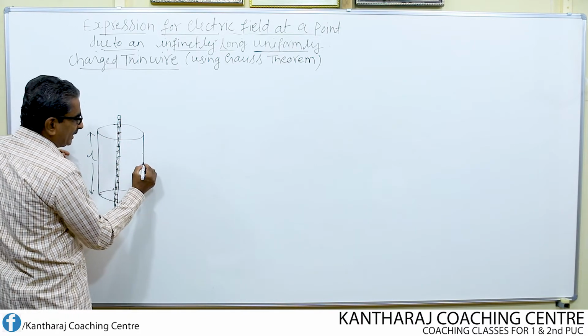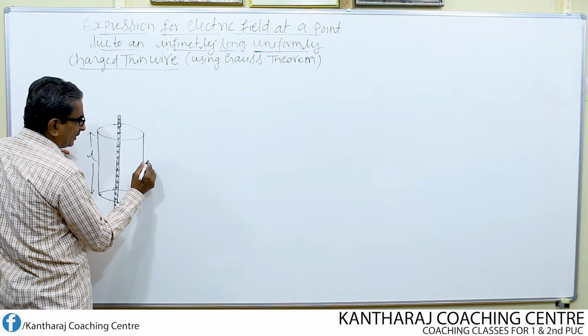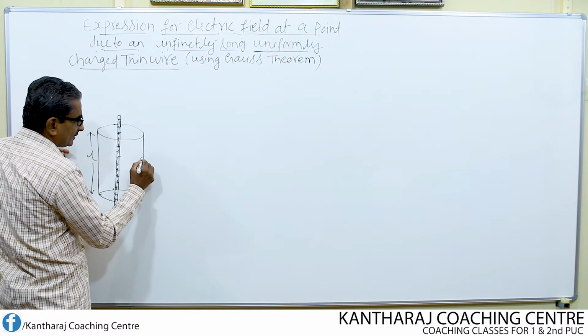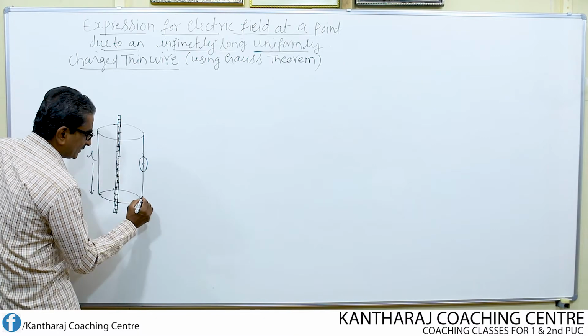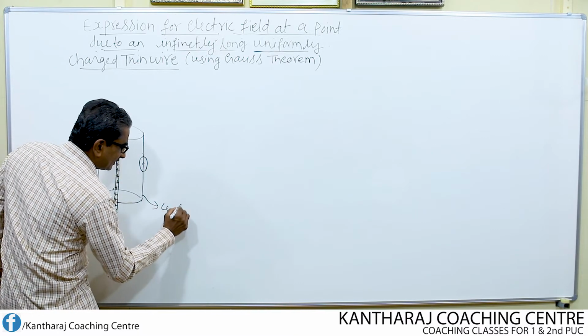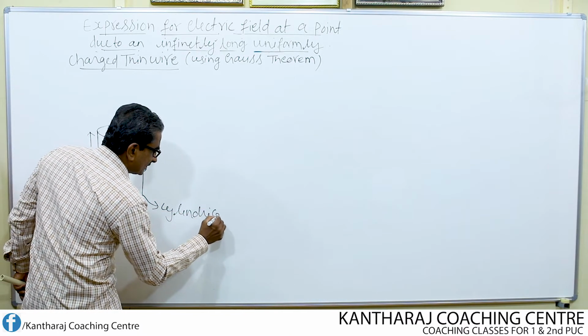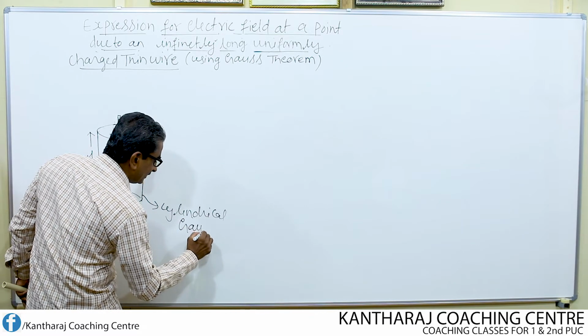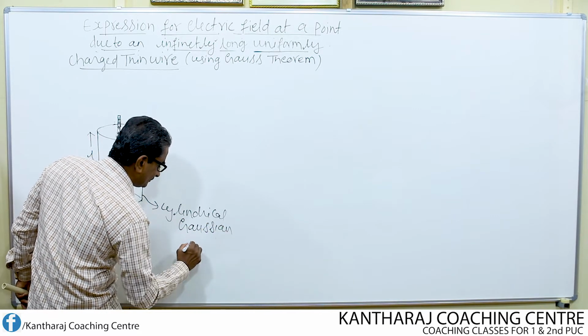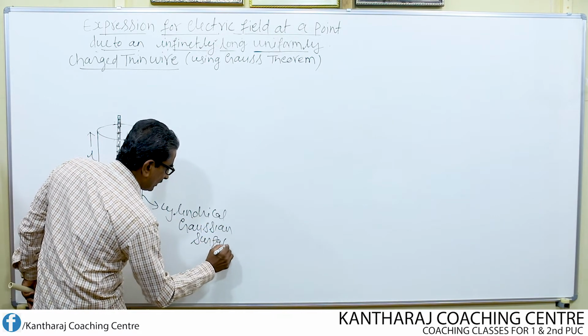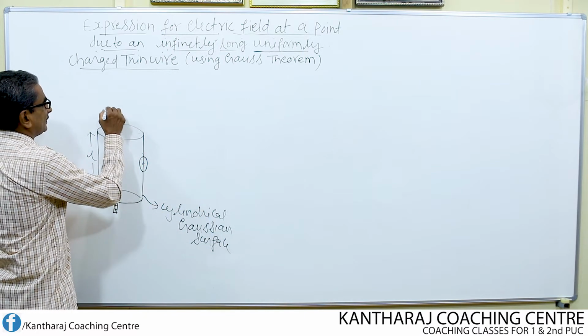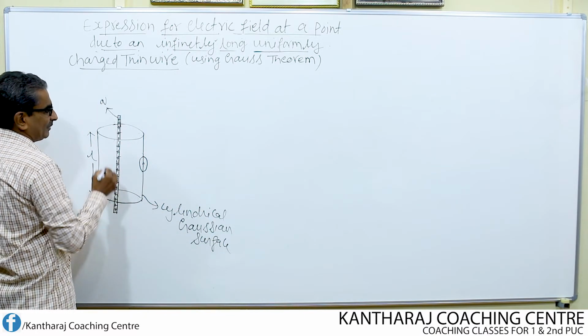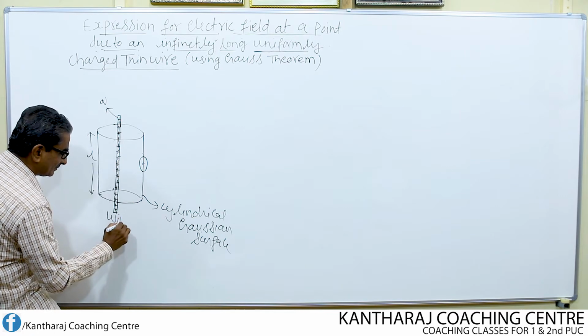I choose one point P on the Gaussian surface. So this is nothing but the cylindrical Gaussian surface. Okay. Then Q is the charge given to what? Given to this wire.